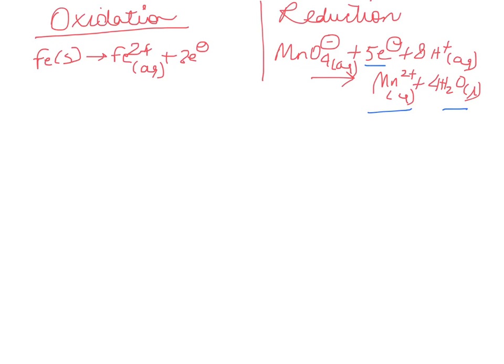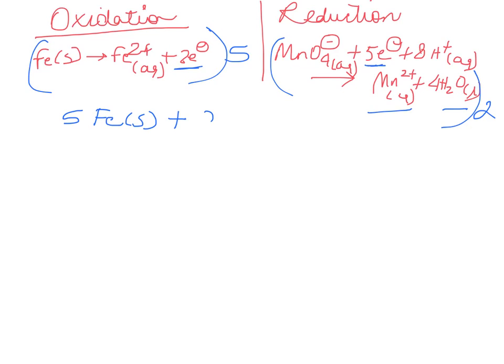The balanced equation should be: since you have 5 electrons for the reduction and only 2 for the oxidation, you must multiply the oxidation half reaction by 5 and the reduction half reaction by 2 so that they reflect the same number of electrons.